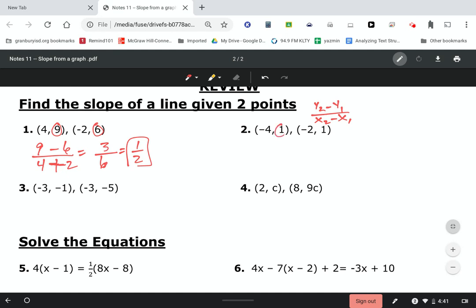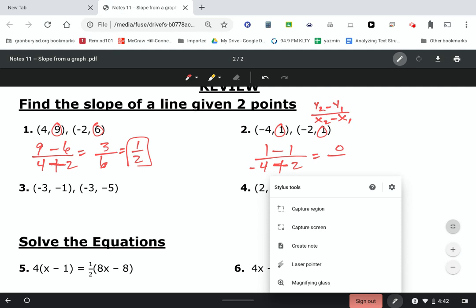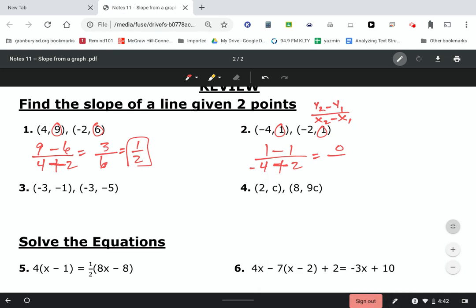So then over here, I've got circle, circle, dash, line, dash. I have 1 minus 1, and then -4 minus -2. Well, 1 minus 1 is 0. And then -4 plus 2 gives me same sign, add and keep, different sign, subtract. Take the sign of the higher, then you'll be exact.